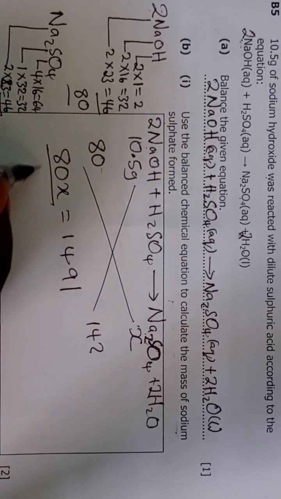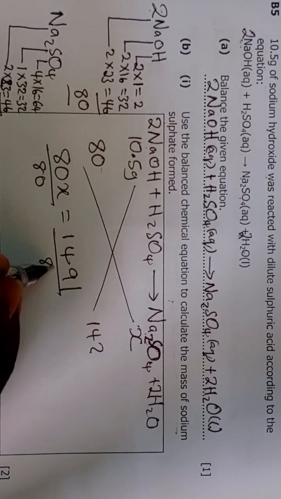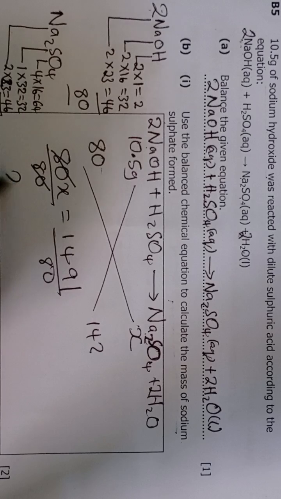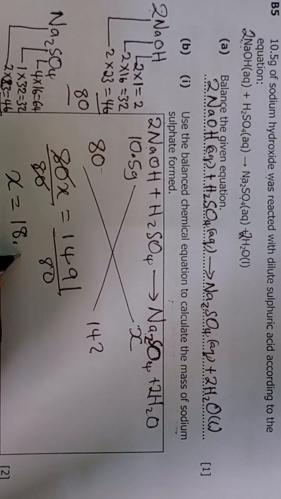So you divide throughout with 80, x is equal to 1,491 divided by 80. So the answer is 18.6375, which is 18.64 grams.